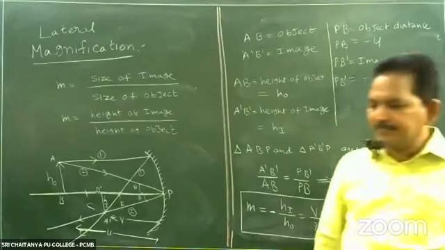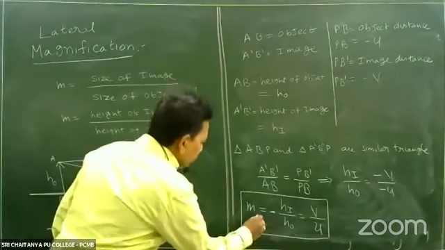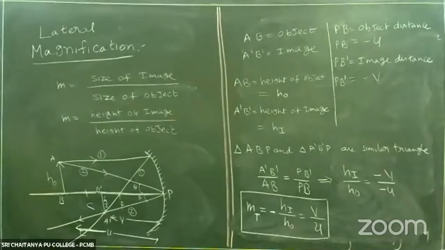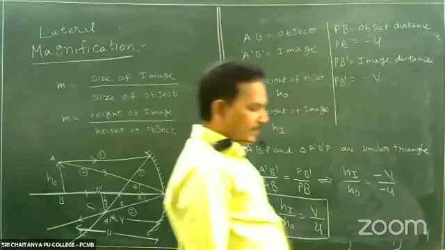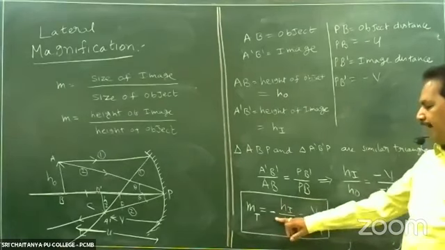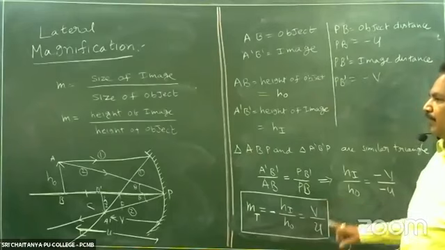Lateral magnification, also called transverse magnification, is given by M is equal to minus HI by H naught is equal to minus V by U. For solving problems, this is most important, this is the derivation for the lateral magnification. Go through it once for 2 seconds. We will go for the longitudinal magnification also.